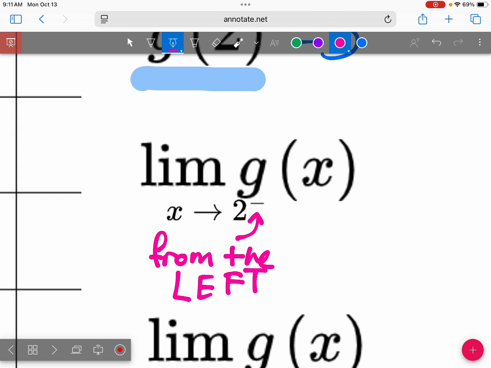So if I'm approaching 2 from the left, what am I getting really close to? What y value am I approaching? 1. So the limit, as we approach 2 from the left, is going to be 1.